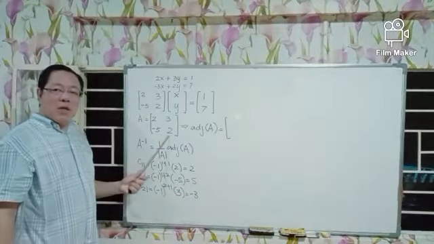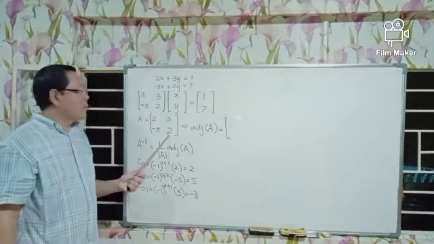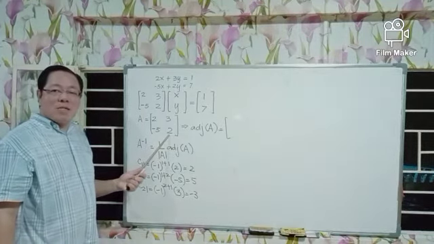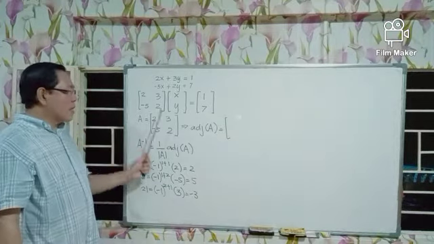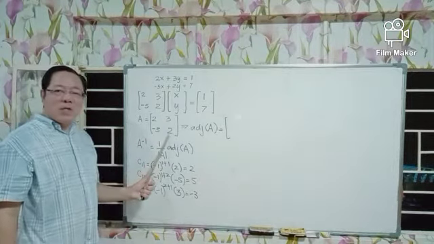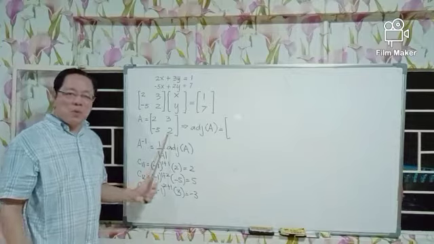And the cofactor of this element 2 is denoted by C sub 22, because 2 is in the second row and second column.